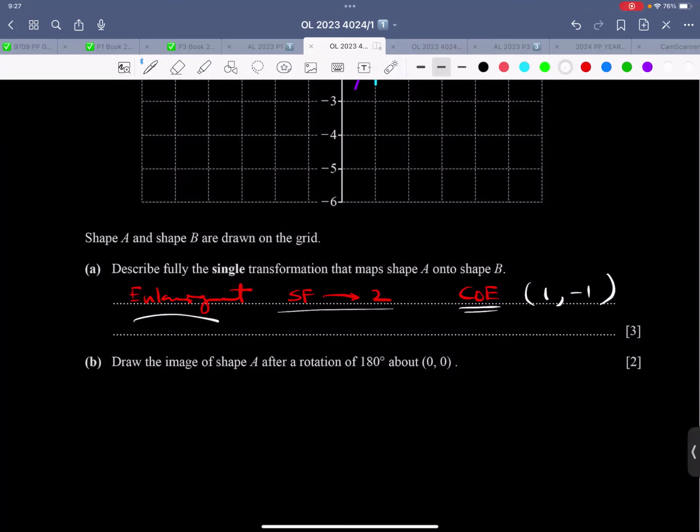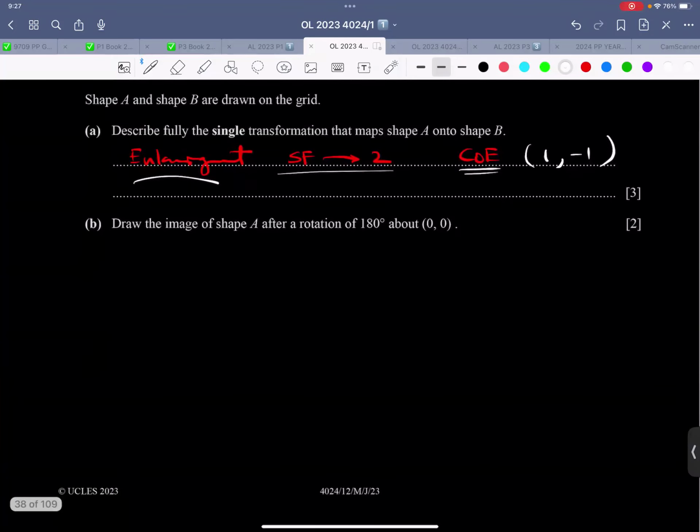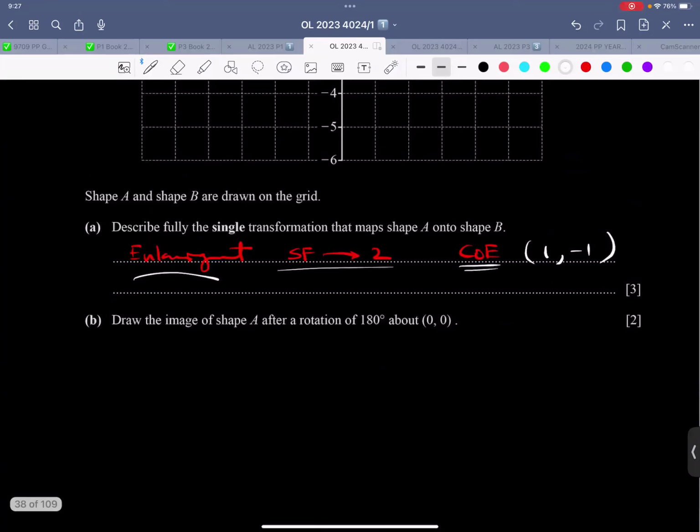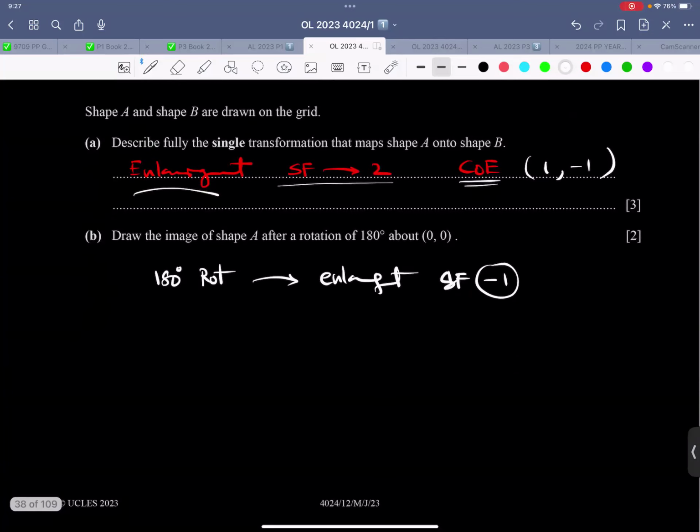Draw the image of shape A after a rotation of 180 degrees about the origin. So when we talk about 180-degree rotation, I remember it as an enlargement with scale factor -1. So the matrix for enlargement is K, 0, 0, K. If I multiply with (a, b), what happens?